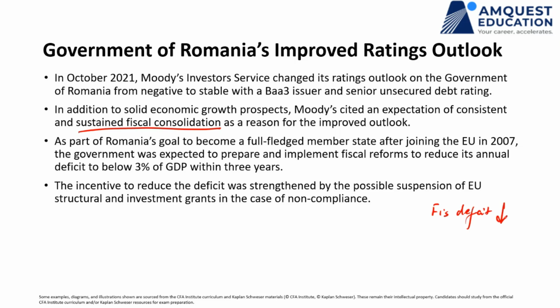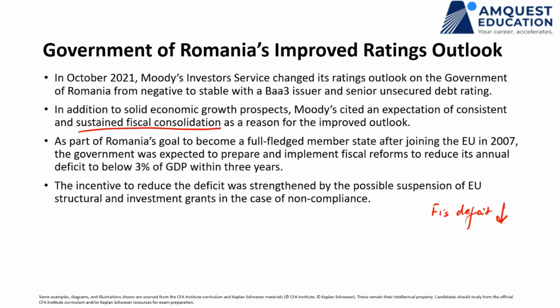Every budget, the finance minister will talk about what the fiscal deficit was last year and what they are targeting for next year, right? So are they trying to bring it down from 4% to 4.x, or from 3.9% to 3.5% to 3.2% and so on and so forth. That is called consolidation. Even a reduction in fiscal deficit is a great sign that your revenues are increasing and your expenses are getting controlled.